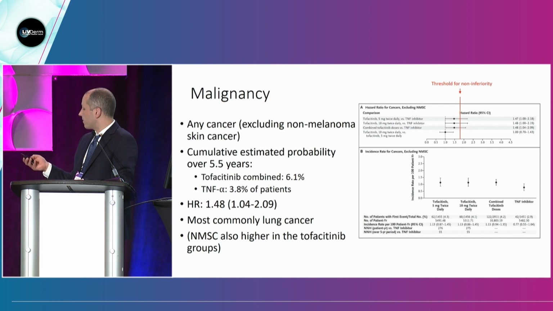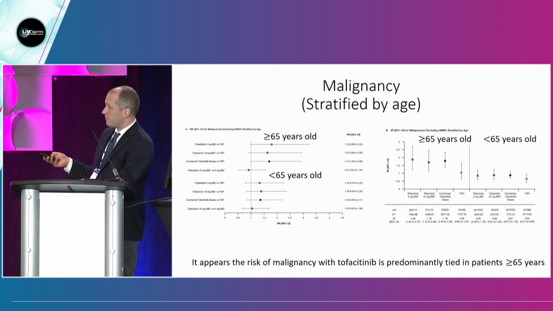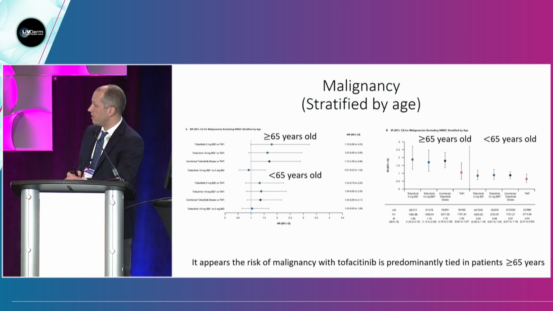And when we look at the incidence by age, we can see that, again, the vast majority of the malignancies are coming in patients greater than 65 years of age. And while there is a trend towards increased significance in patients that are less than 65 years of age, it's less profound.